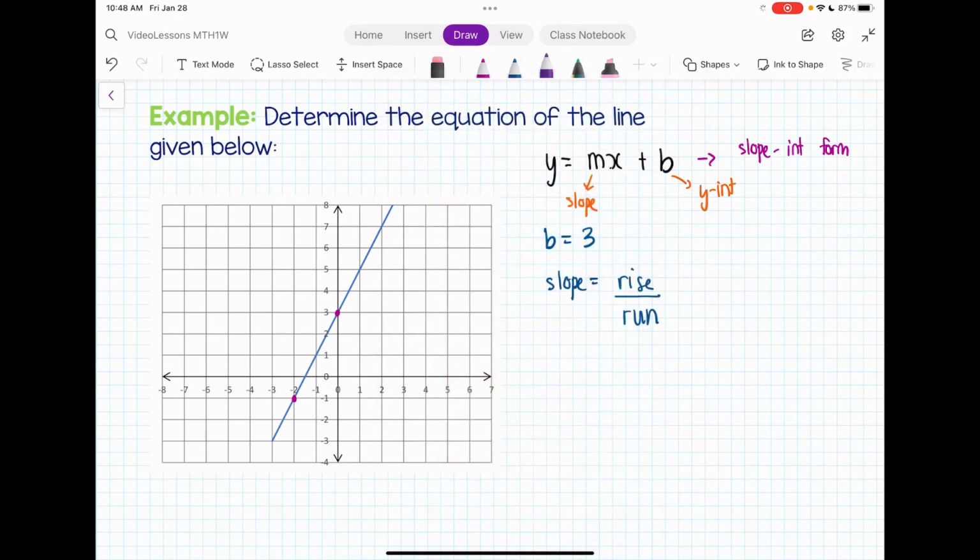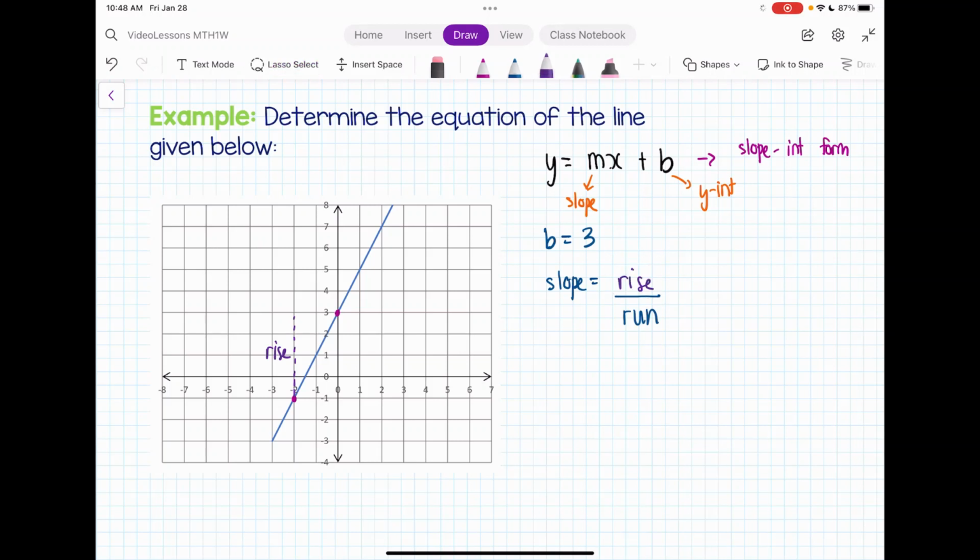So rise is upwards. Sometimes your rise will be negative, as you saw in the previous lesson's examples. So this is my rise. In this grid, 1 square is 1 unit. So I can just count 1, 2, 3, 4. I'm going to color code this so that it's the same color as what I did as rise.